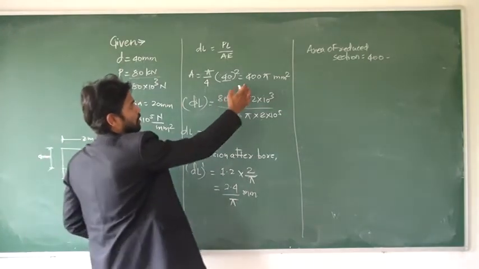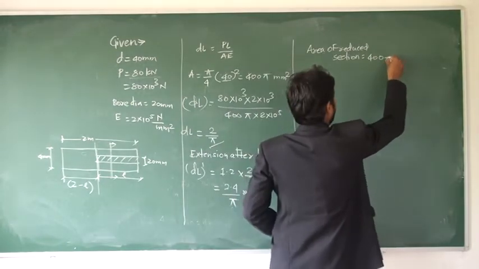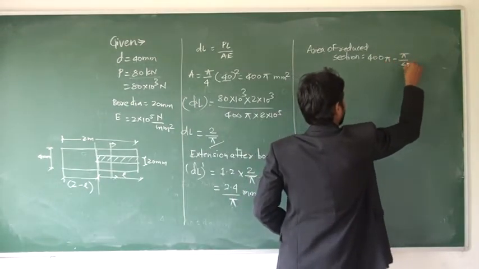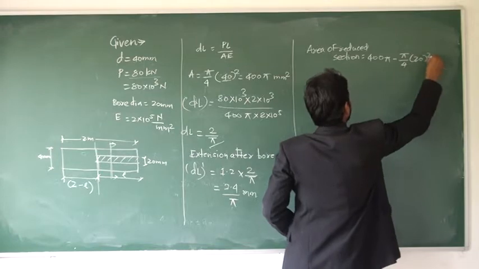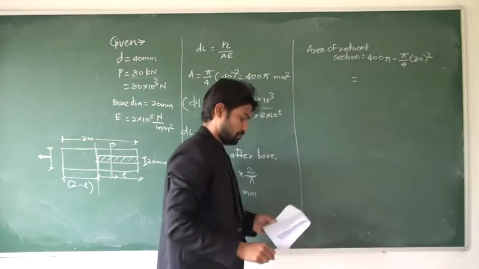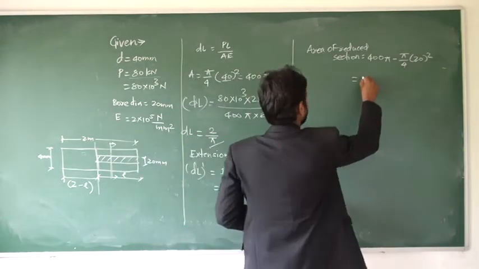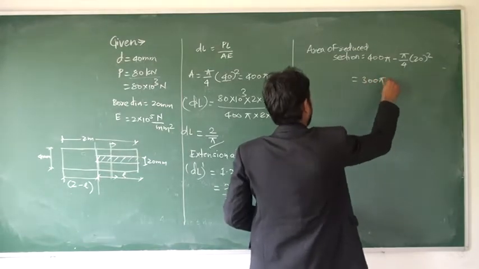So the total area is 400 pi minus the area of the hole, pi by 4 into 20 square. That comes to 300 pi. Okay.